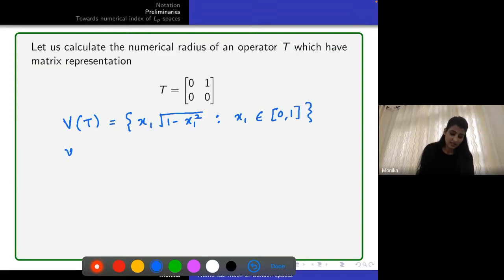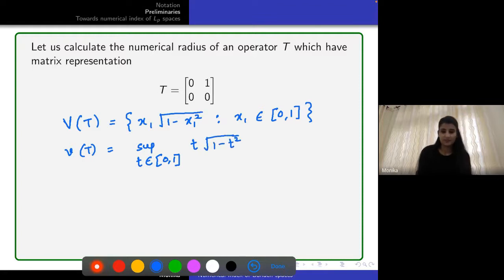So this time we need to calculate the supremum when t belongs to [0, 1], of t times the square root of 1 minus t squared. Now this is a function of one variable, and we can easily find the supremum by calculating the derivative, seeing where the supremum is attained, and you will see that the supremum is 1/2. So the numerical radius of this operator is 1/2.